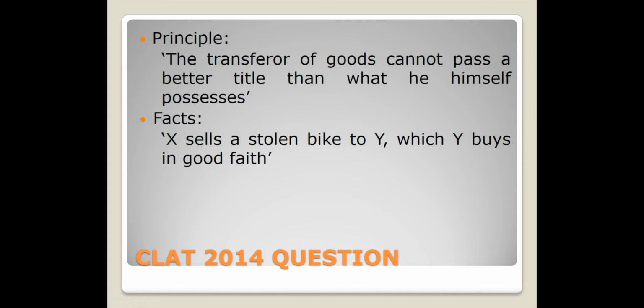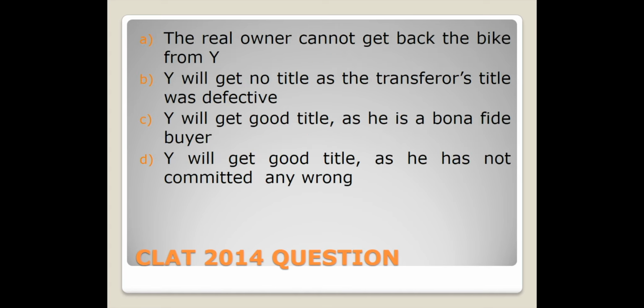Now because X has passed on a stolen bike to Y, X does not have the title to the bike. As a result, he cannot pass on the title to Y. Thus in this case, Y will get no title. The answer is B. Y will get no title as the transferor's title was defective.